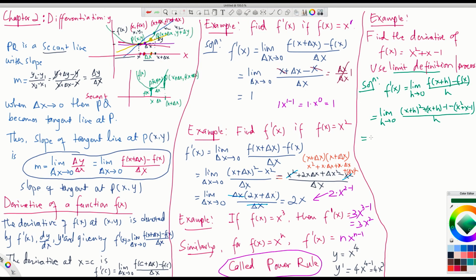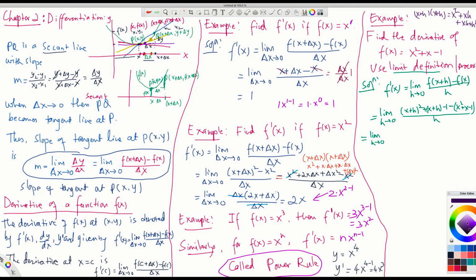Okay, so I can write this as limit h tends to 0. (x plus h) squared will be (x plus h) times (x plus h), right? How much is that? It is just FOILing: x times x is x squared, x times h is xh, plus h times x is xh, plus h squared. So x squared plus xh plus xh is 2xh.